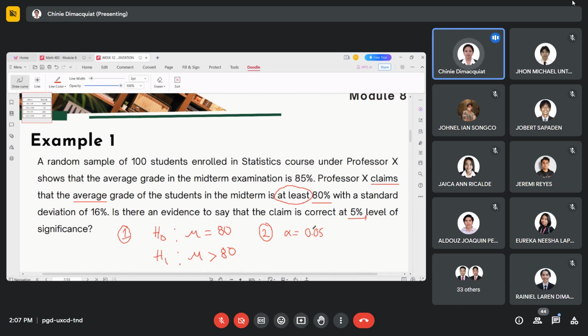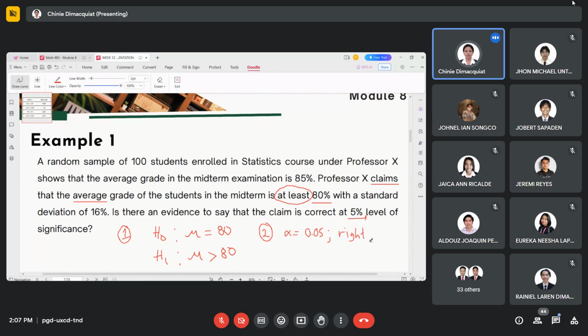Then, direction ng ating test. Ito ba ay two-tailed or one-tailed? Refer tayo kay alternative hypothesis. Since ang ginamit ay greater than, therefore, ito ay one-tailed test. And since greater than nga po, right-tailed ang ating magiging direction.